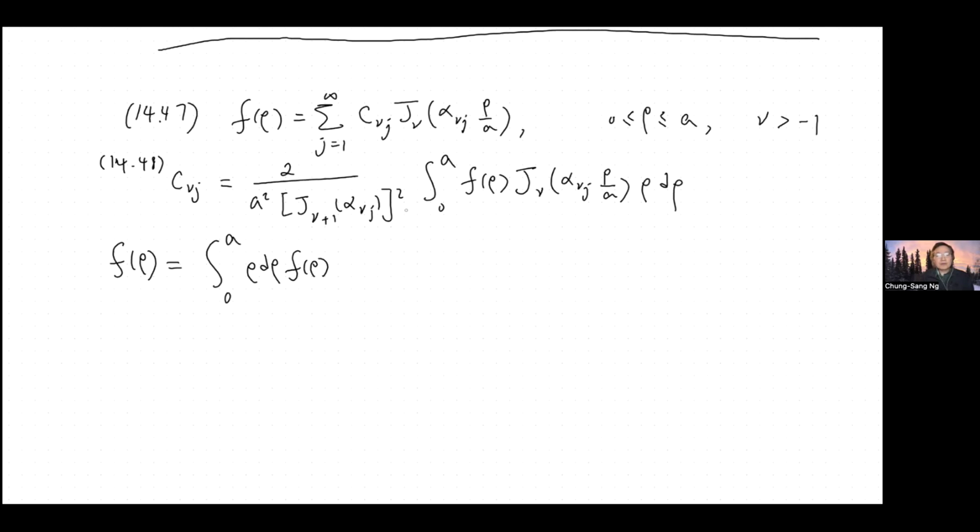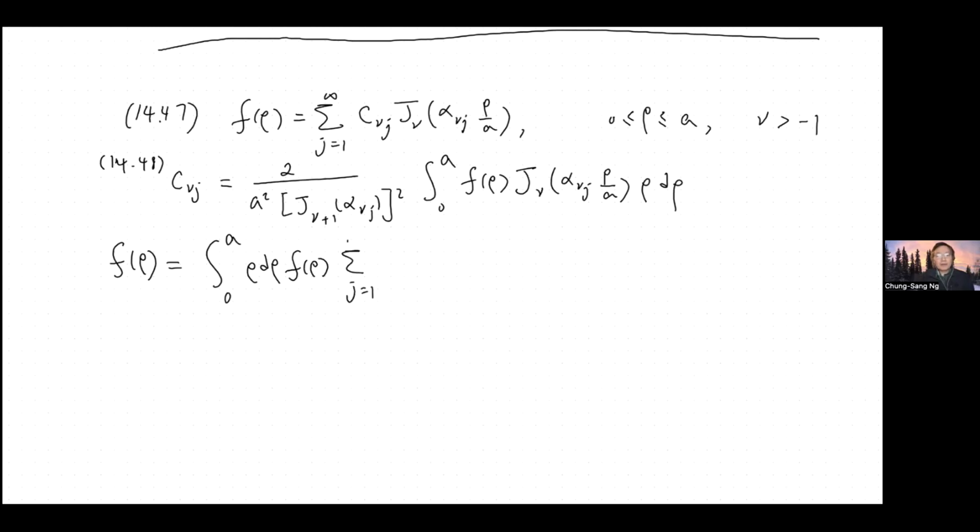When you substitute c sub j given by this one, you sum over j from 1 to infinity.